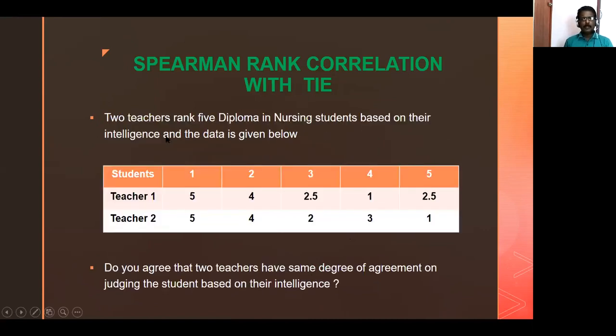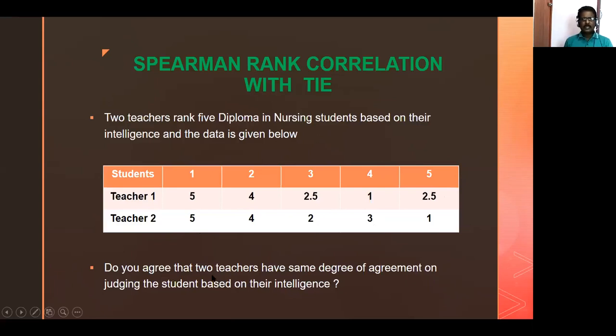This is the problem. Two teachers rank 5 diploma in nursing students based on their intelligence, and the data is given below. Teacher 1 gives the first student 5th rank, then 4th rank, 2.5, 1 and 2.5. Teacher 2 gives 5, 4, second rank, 3rd rank, 1st rank.